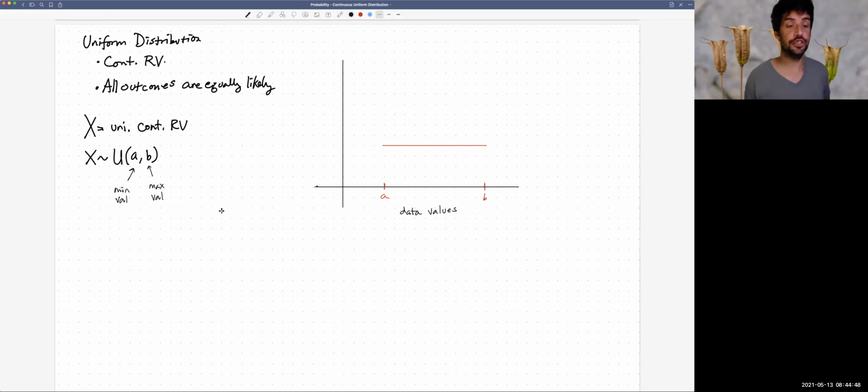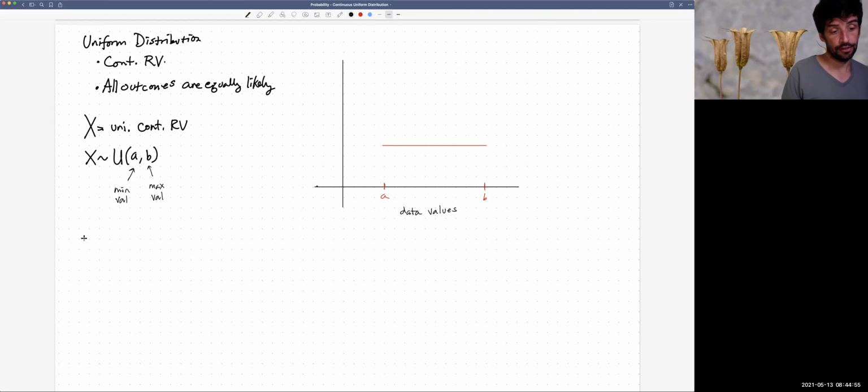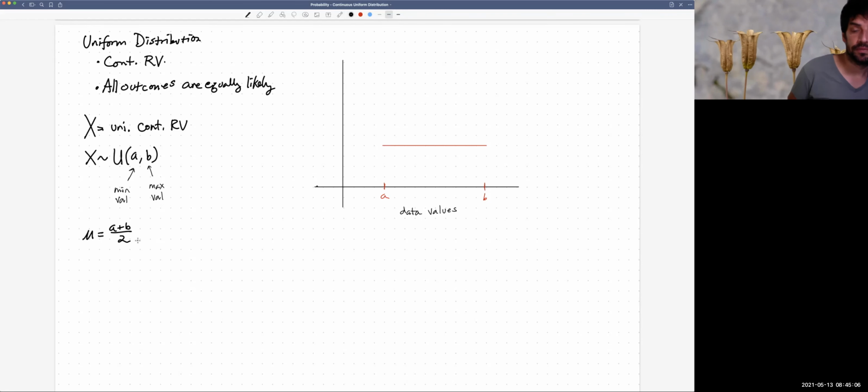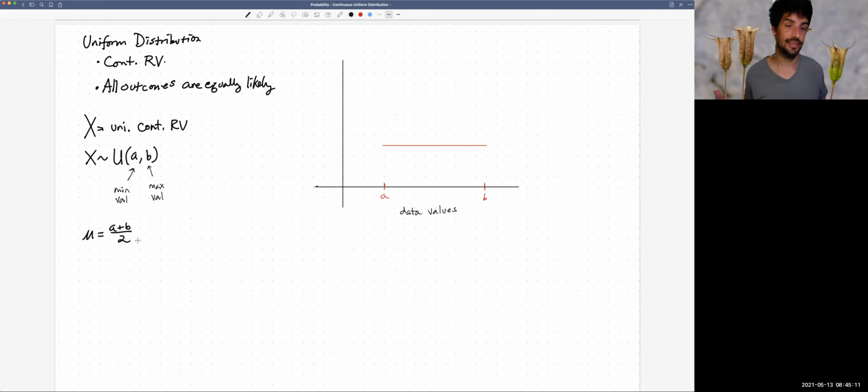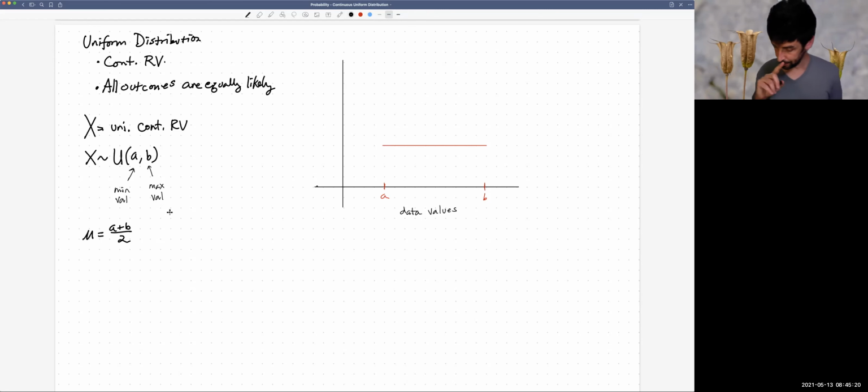One nice feature when we find things that follow one of these patterns, one of our distributions, is we get some information for free. For instance, the mean, or the expected value of this distribution, is just the middle, the average of the max and the min. Right? So if you expect something to be between 0 and 10, all equally likely, if you did this over and over and over again, the average of whatever that is would be 5.